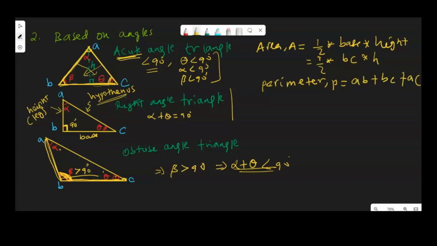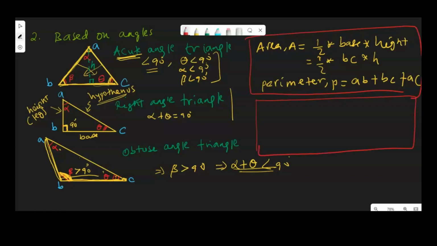All right, what about the area of a right angle triangle? It is still the same, so we can still use the same formula here, which is area is equal to half of base times height.